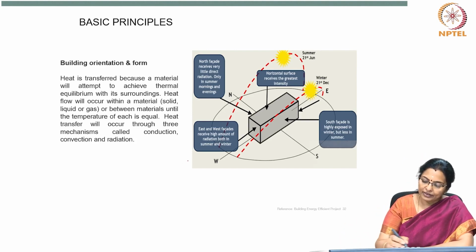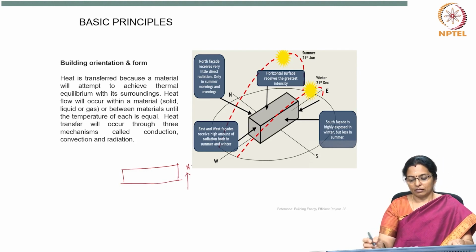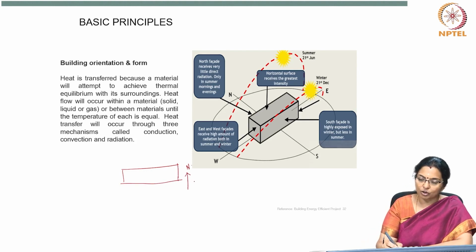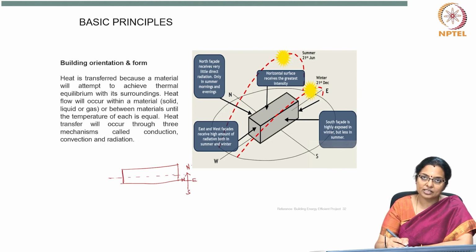So, if we look at a building plan, which is facing north and south as its long axis, and it has an east-west axis, you can see which direction solar radiation hits most and which direction least.